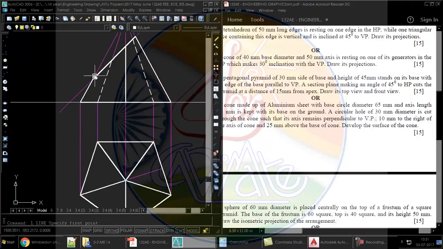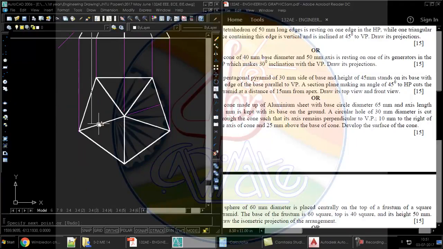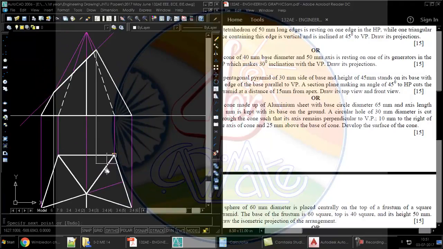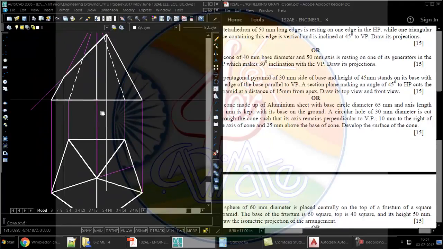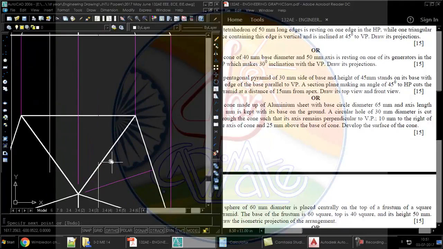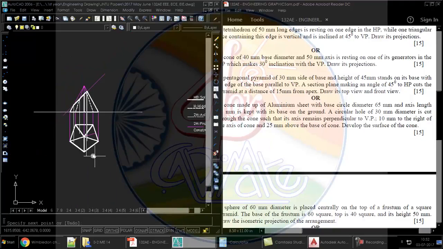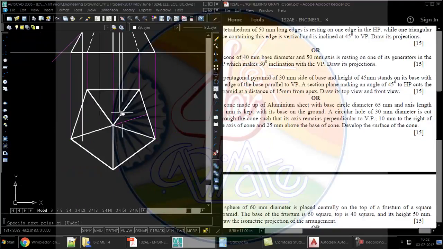Next we'll have to draw vertical lines to the appropriate edges. From here again it comes down. The hidden edge comes to here, again a hidden edge. Well, this one should come up to here.